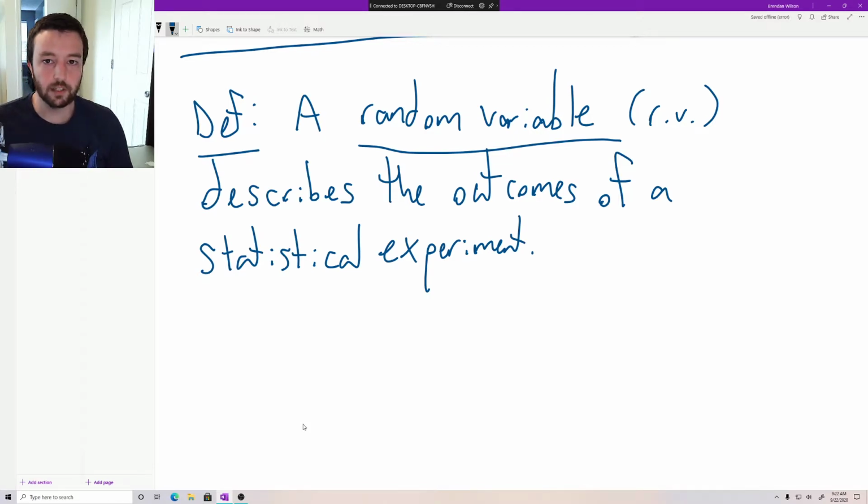The opposite of discrete is what's called continuous. Continuous means that there's an uncountable number of outcomes, something like time in seconds, for example.